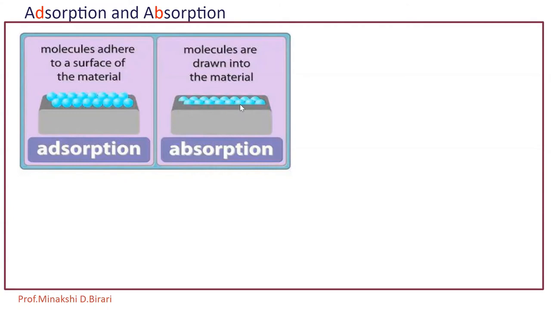So there is a difference between adsorption and absorption. In the absorption process, a substance not only remains at the surface but is distributed throughout the body of a solid or liquid. Whereas in adsorption, molecules adhere to the surface of the material only.